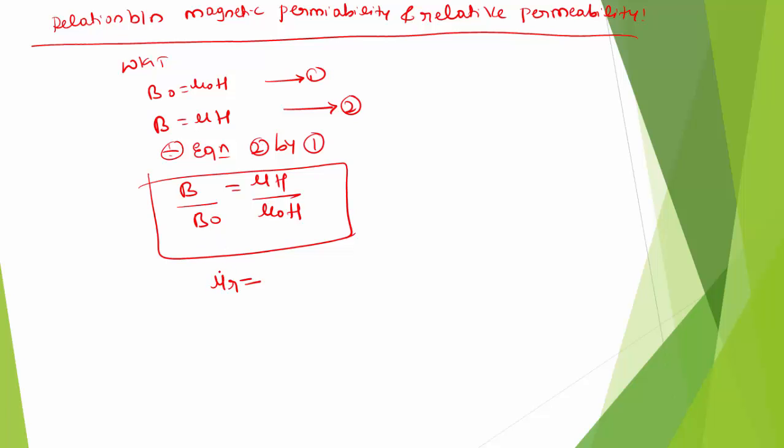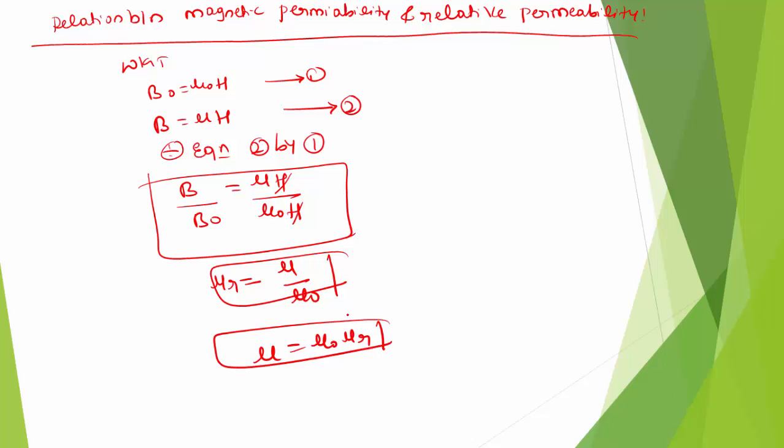Here H and H cancel each other, we get mu divided by mu naught, or mu is equal to mu naught into mu R. This is the relation between magnetic permeability and relative permeability.